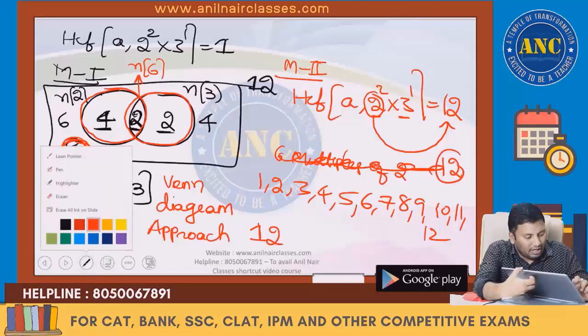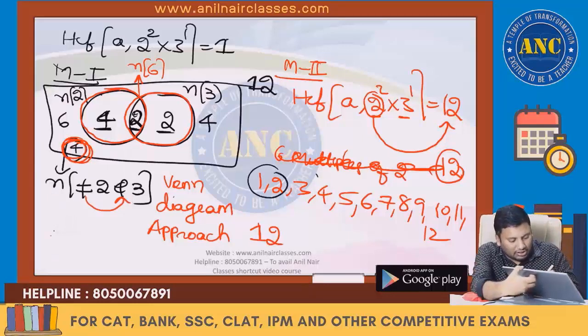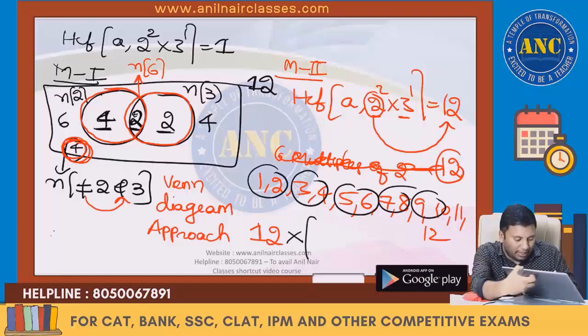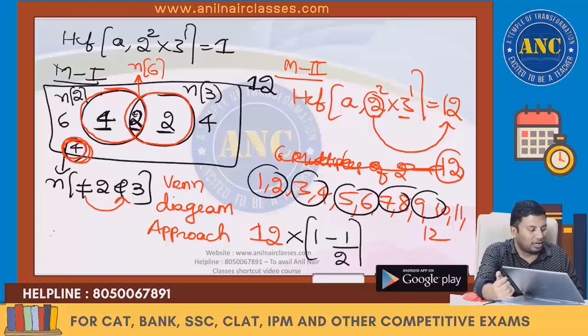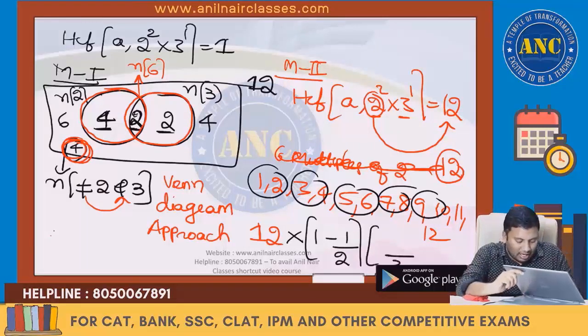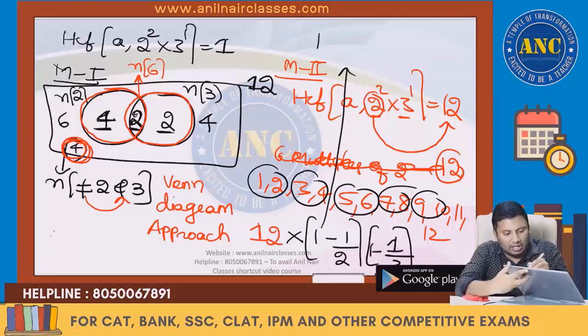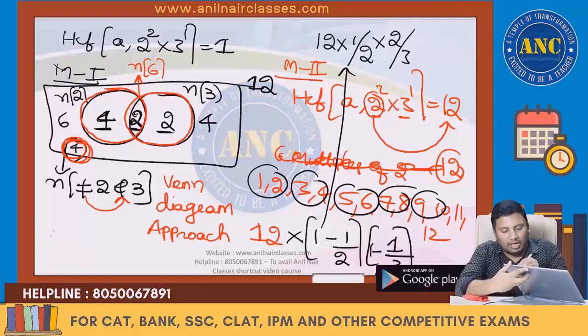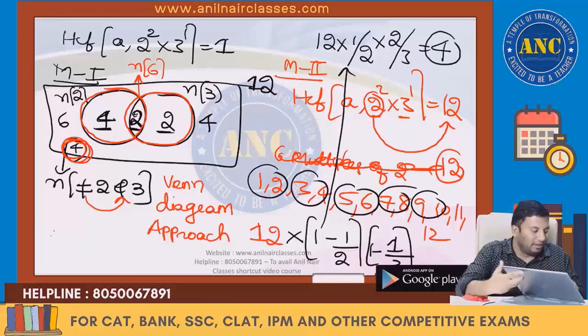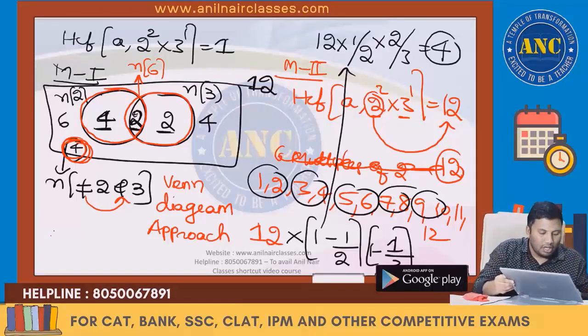In a set of every 2 consecutive numbers, one number is divisible by 2. How many are not divisible by 2? 1 minus 1 by 2. How many numbers are divisible by 3? One number is divisible by 3. How many are not divisible? So answer is 12 into 1 by 2 into 2 by 3. Answer is 4.